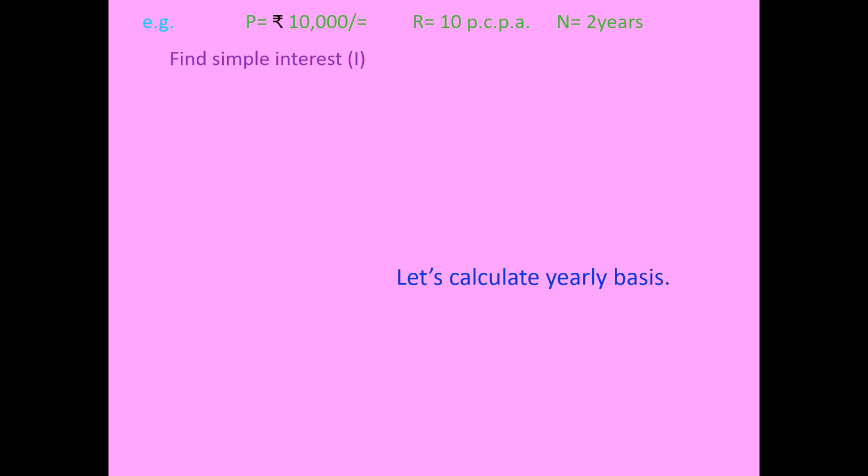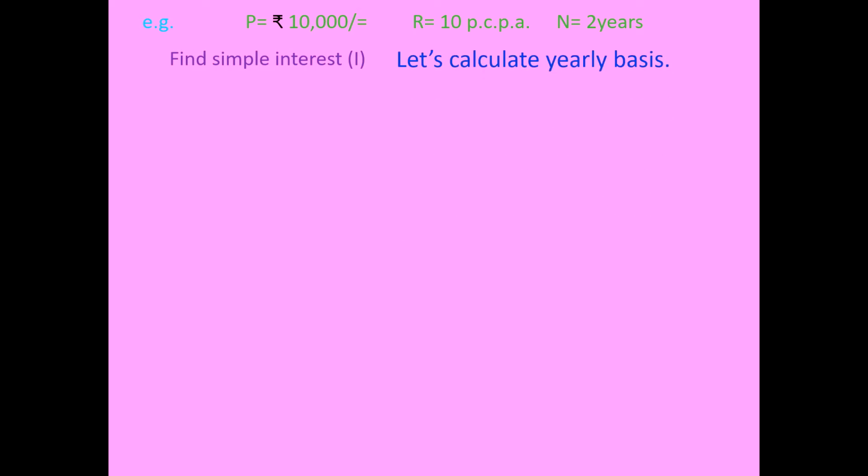One more example. Here principal is 10,000, rate is 10 and number of years is 2 years. Simple interest we have to calculate. We will do it on a yearly basis this time. It is for 2 years, so first I will calculate for the first year and then for the second year.